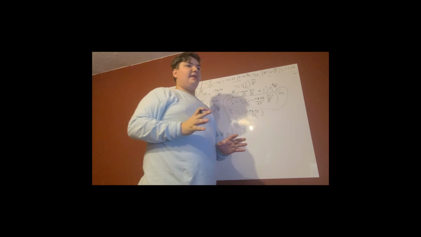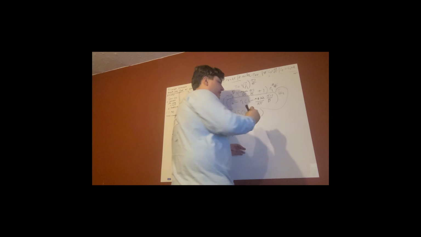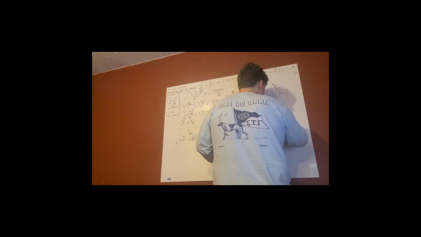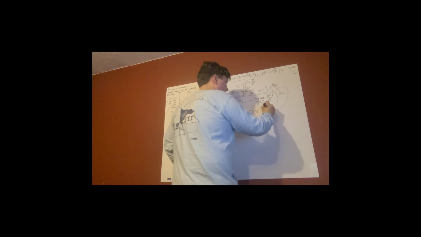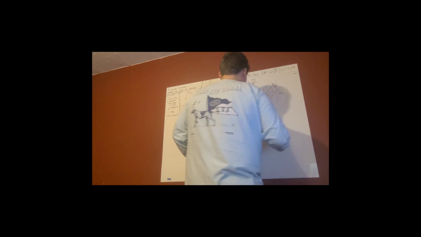And then that quantity is going to be multiplied by gamma minus 1 over gamma. And then you add in some brackets here to keep it nice and stable.